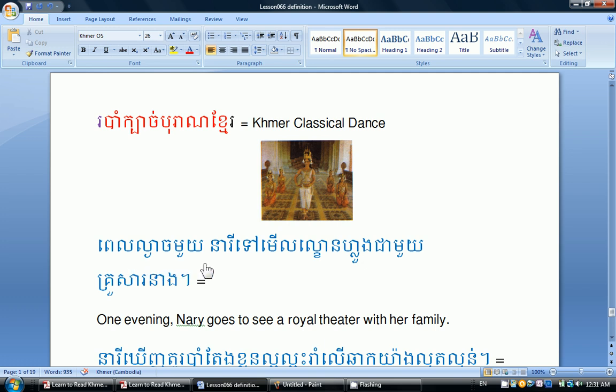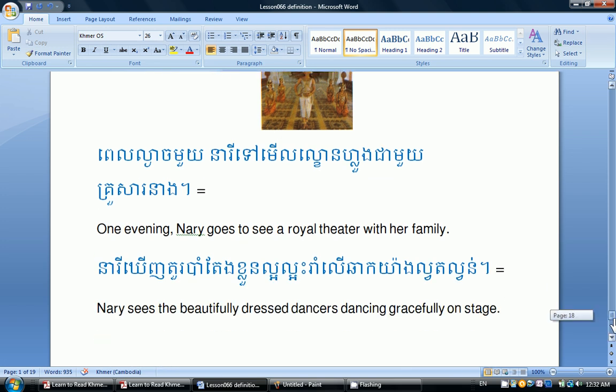One evening Neri goes to see a royal theater with her family. Neri sees the beautifully dressed dancers dancing gracefully on stage.